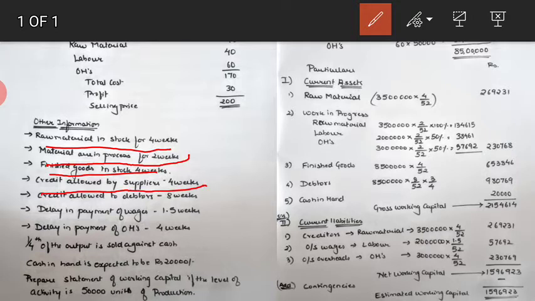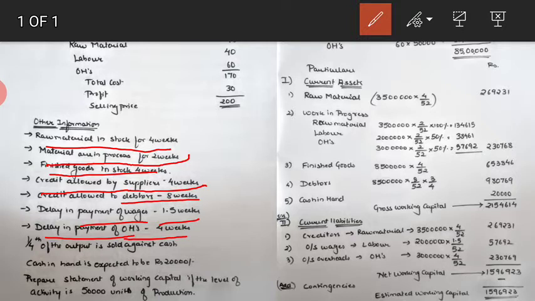Suppliers means creditors, the people from whom we have purchased goods on credit. So creditors allow us 4 weeks credit. Credit allowed to debtors, that means the customers, is 8 weeks. Delay in payment of wages is 1.5 weeks. Delay in payment of overheads is 4 weeks.